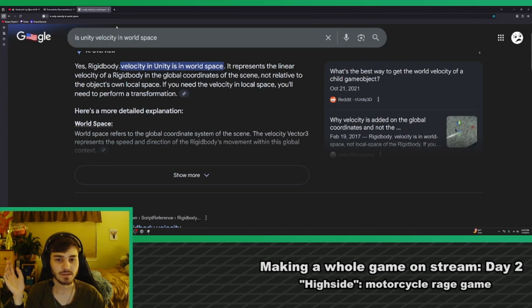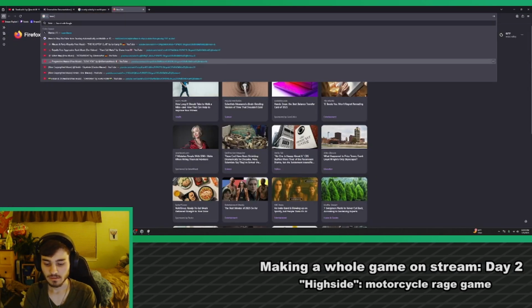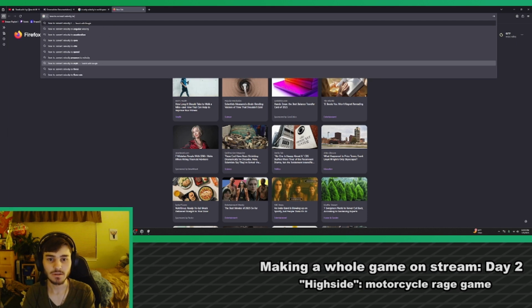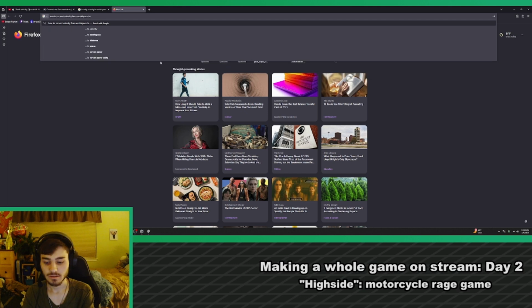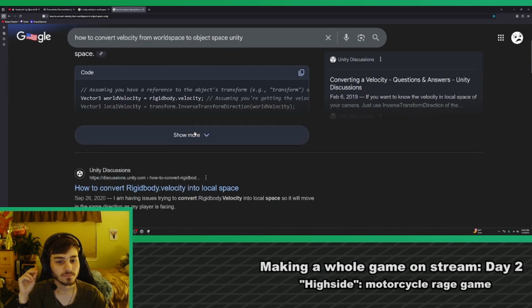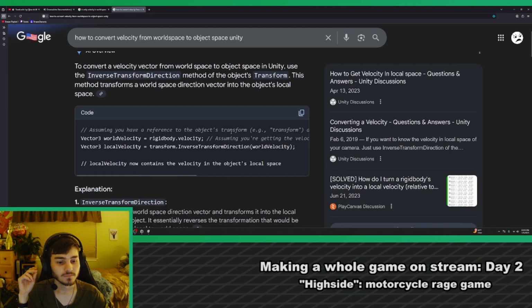So let's go back to converting velocity. Go to world space to object space in Unity. For transform direction. Right.